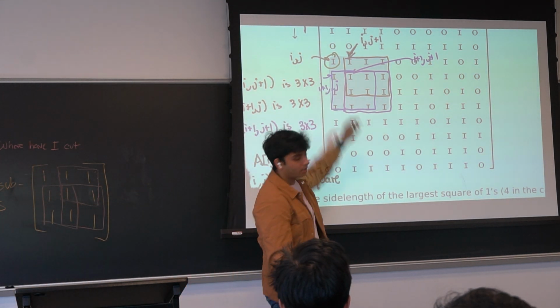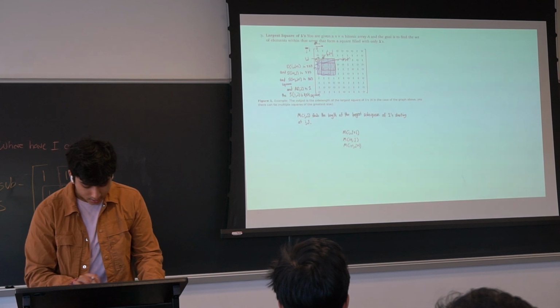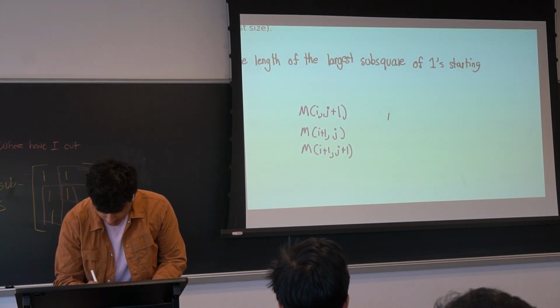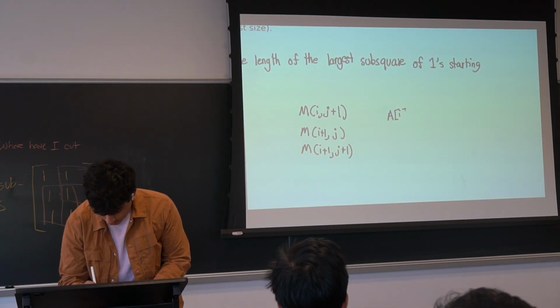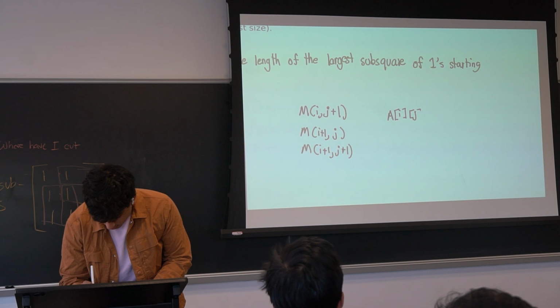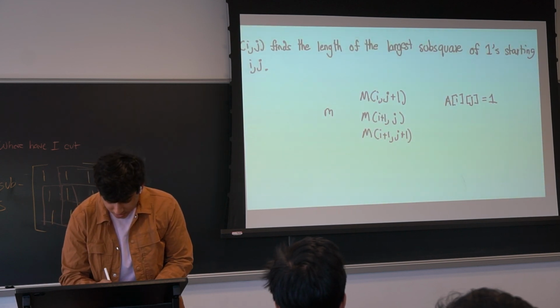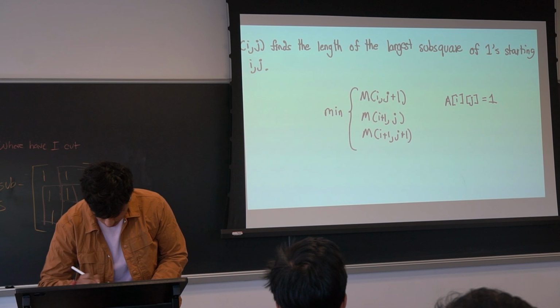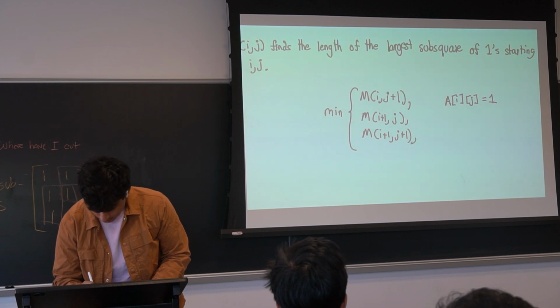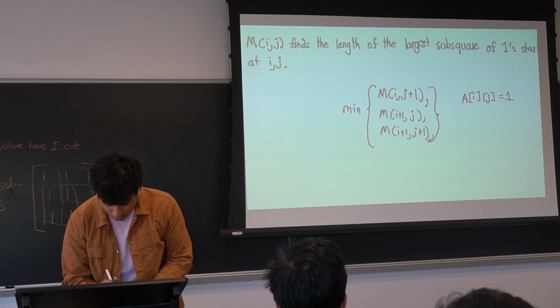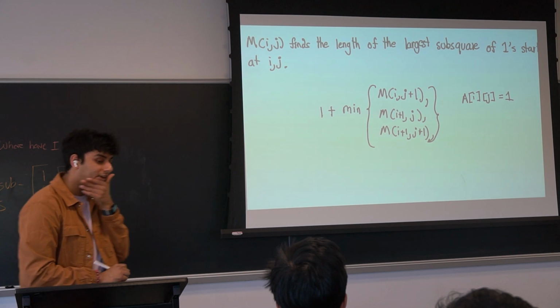And A of ij is also 1. Well then, I take the minimum of these three things, and then I add 1 to it to account for the fact that I have A of ij.